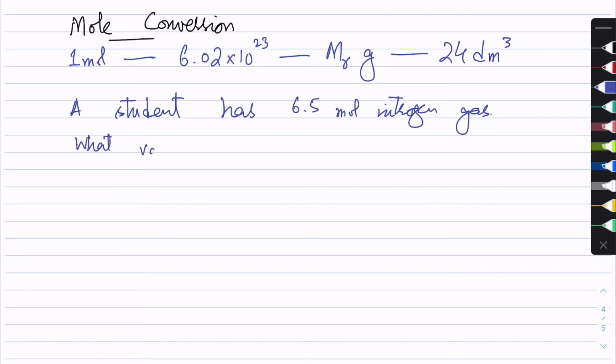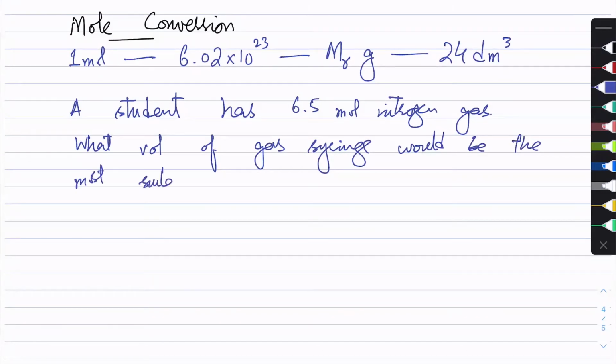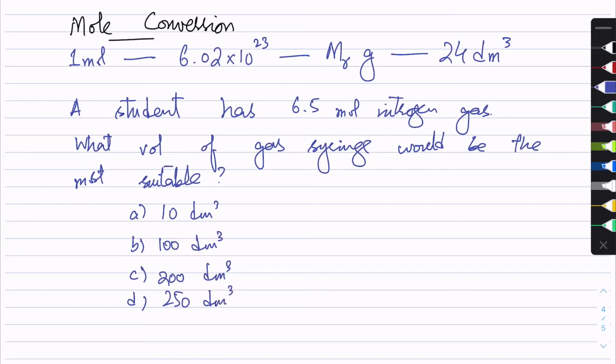What volume of gas syringe would be the most suitable? And looking at the question, it's not at all clear what the gas syringe has to do with it. The options are 10 dm cube, 100 dm cube, 200 dm cube, and 250 dm cube. So these are our options.